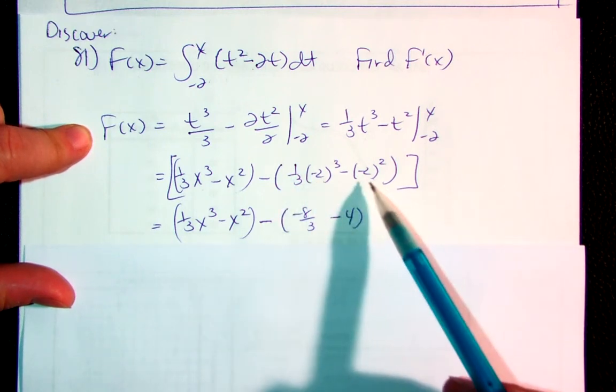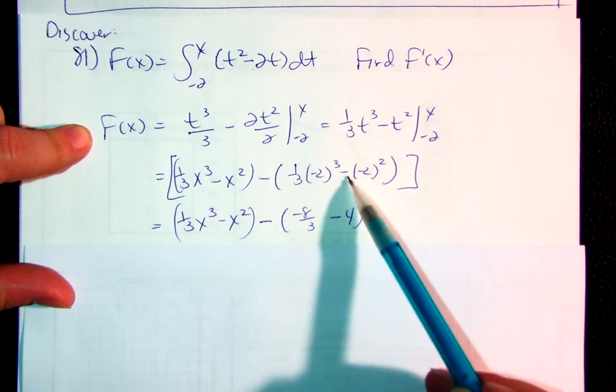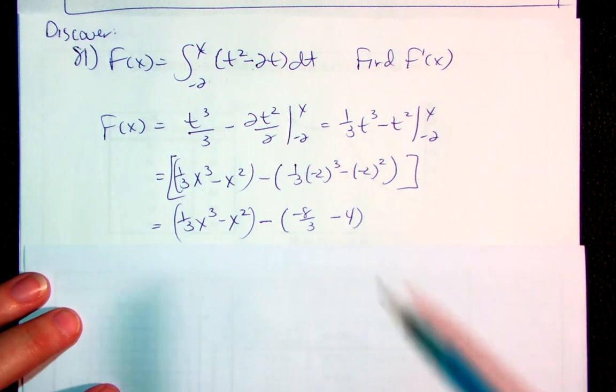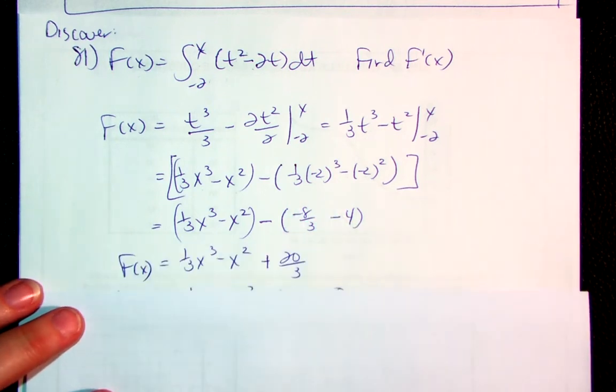Negative 8 over 3, that's a positive 4, but it has a minus here, right? I got to get a common denominator of 3, so that'd be a negative 8 minus 12 all over 3.